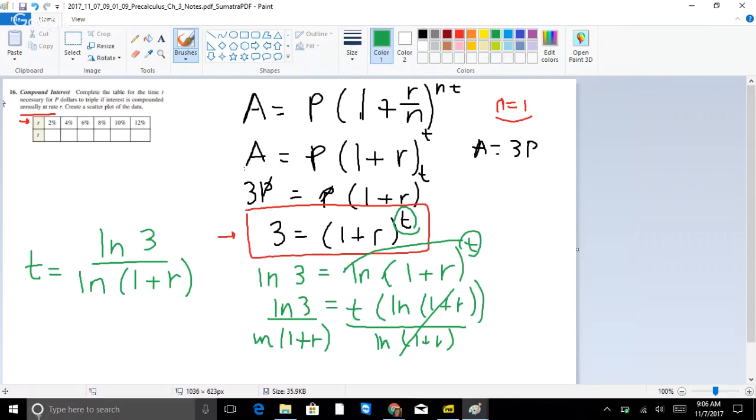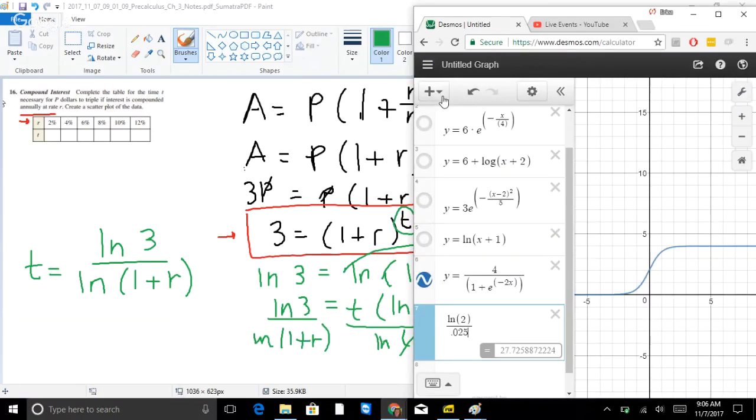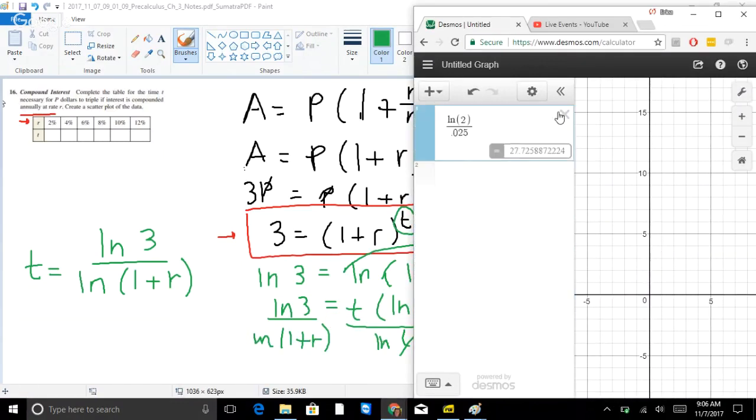So now is where we want to switch over to some type of graphing tool. Let's switch to Desmos. I think we can get rid of all these now. What we're going to do is say t equals the natural log of 3 divided by the natural log of 1 plus r.